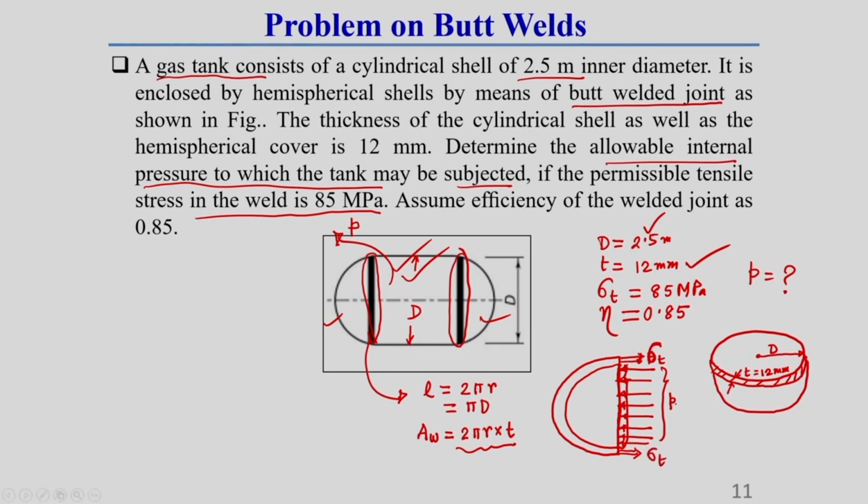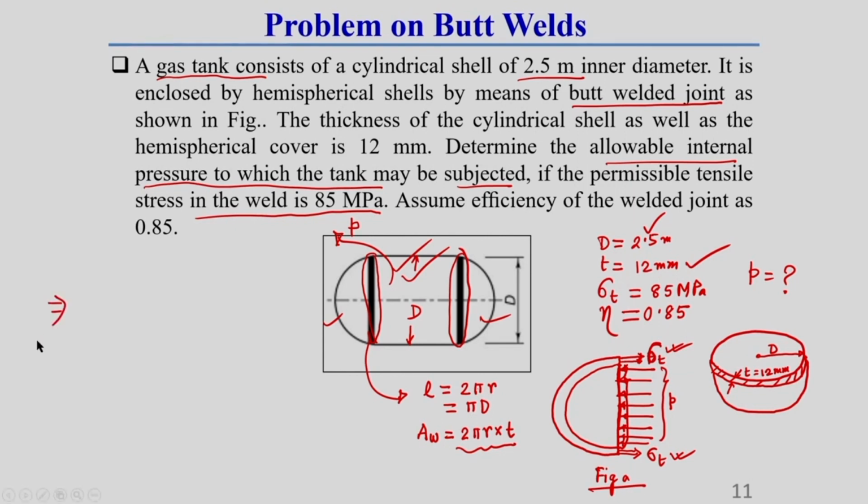This internal pressure should be balanced by the stress developed in the weld material. So, from this figure, which I am representing as figure A, if we write the equation of equilibrium, what can we get?